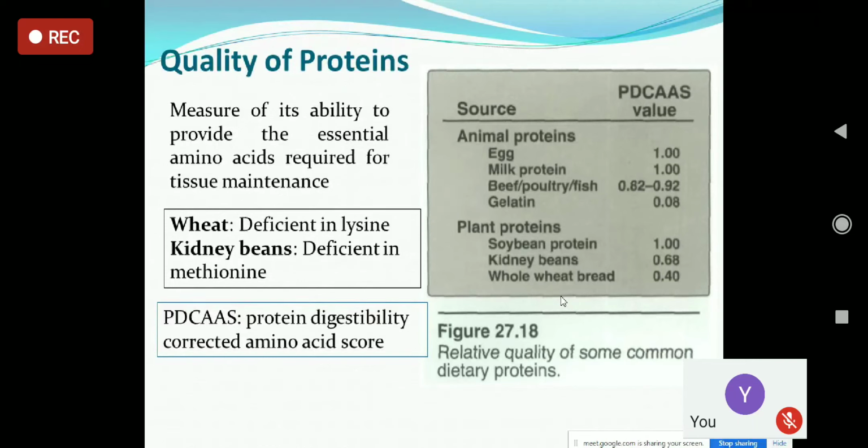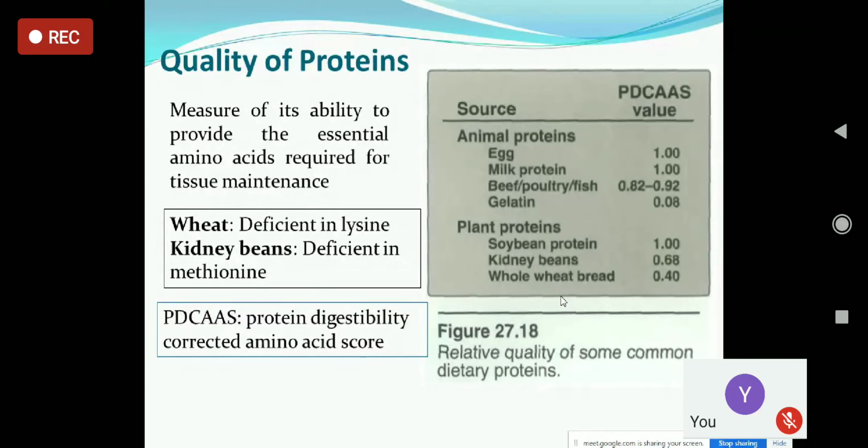The quality of protein depends on how many essential amino acids are present, and also whether these proteins are well digested or not. So considering the digestibility of proteins and the amino acids that are present, this score is given: PDCAAS.